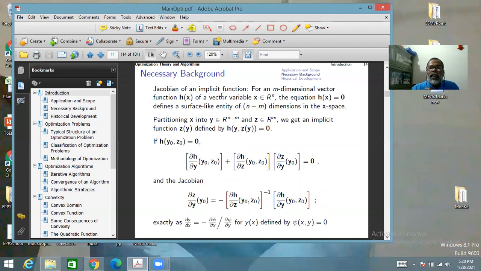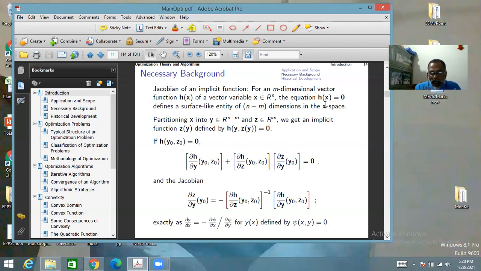Now, the Jacobian of an implicit function. For an m-dimensional vector function h of a vector variable x, this kind of equation is actually a vector equation, which means m equations in n unknowns. So m unknowns can be solved. And this gives you a surface kind of thing of this many dimensions in the n-dimensional x space.